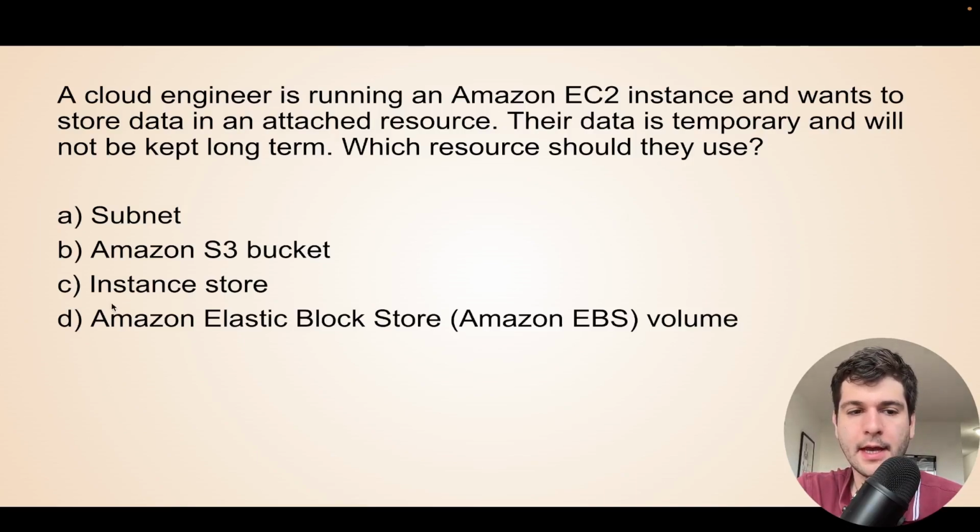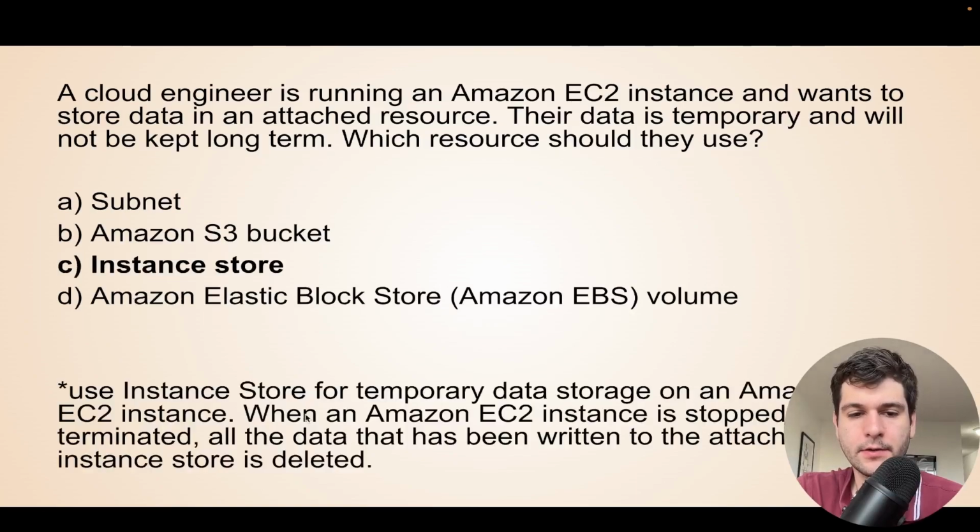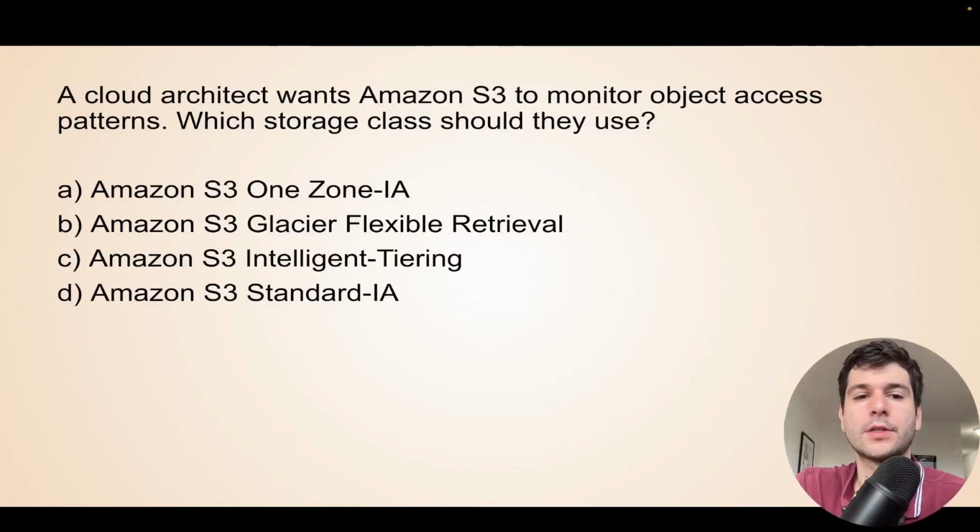If the data is temporary, the best answer is C, instance store. So we use instance store for temporary data storage on an EC2 instance. So when the EC2 instance is stopped or terminated, all the data that had been written to the attached instance store is deleted.